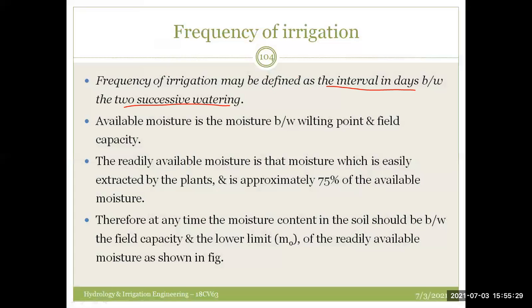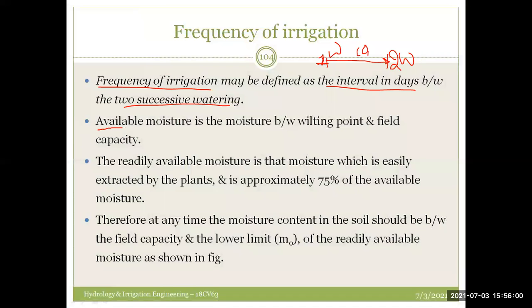For example, if you have irrigated a particular crop today, then after how many days do you need to irrigate again? That is the first watering and the second watering. The number of days between two successive waterings, it may be 10 days or 20 days, is called the frequency of irrigation.